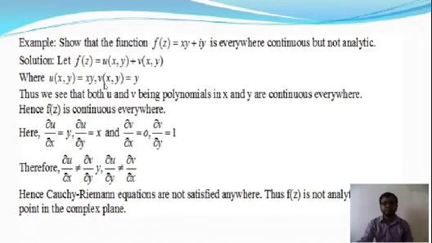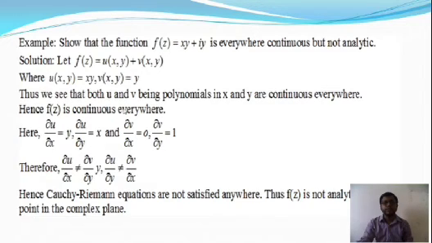So u of x comma y is continuous, v of x comma y is continuous. So we can apply the properties of continuity. If two functions are continuous, then their sum, product, division, or subtraction are also continuous functions. That's why f of z is continuous everywhere in the complex plane.